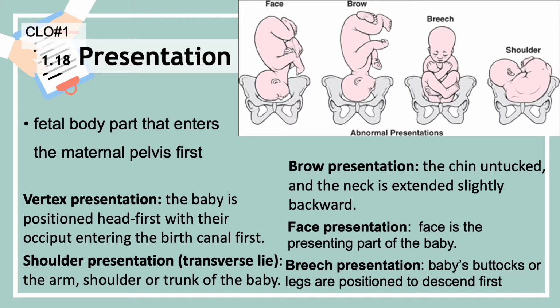This occurs when a baby's buttocks or legs are positioned to descend the birth canal first. So, breech positions are dangerous because when vaginal delivery is attempted, a baby is at increased risk for prolapsed umbilical cord, traumatic head injury, spinal cord fracture, fatality, and other serious problems with labor.